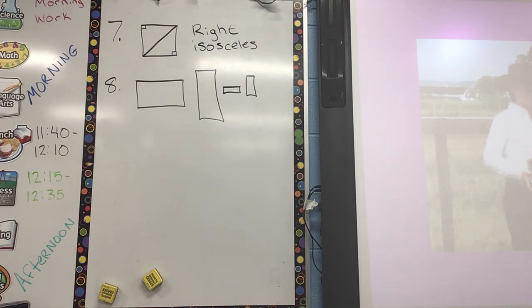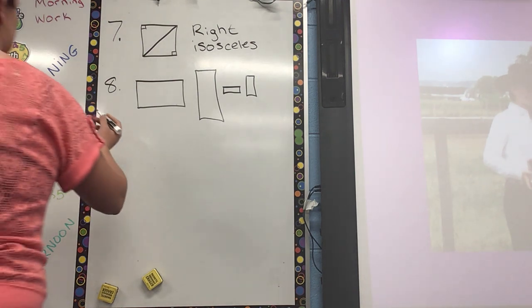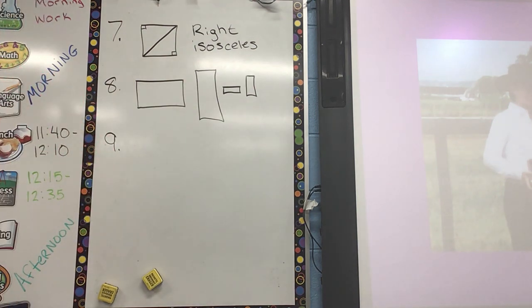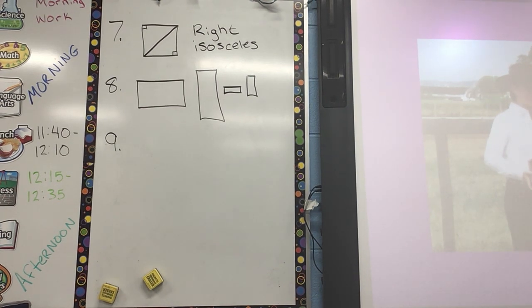What's going to be the measure of each angle in that rectangle? What's going to be the measure of each angle in a rectangle?